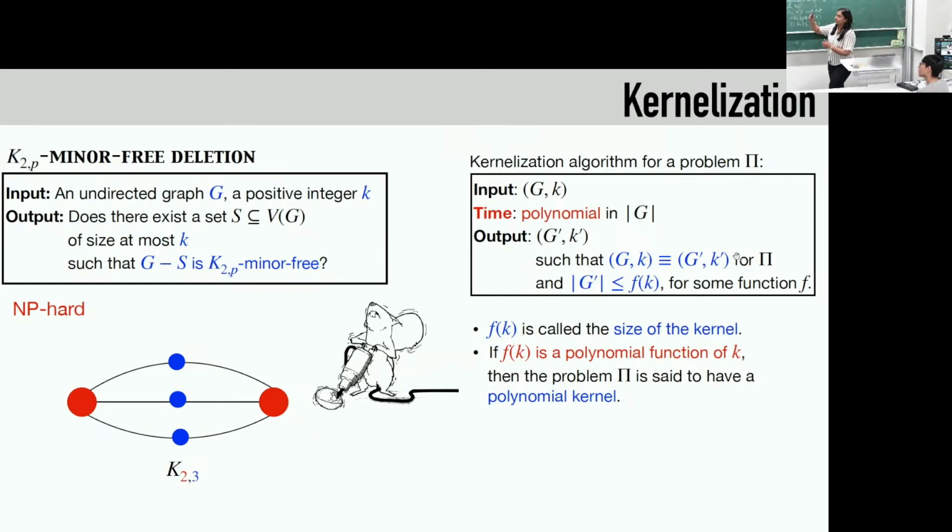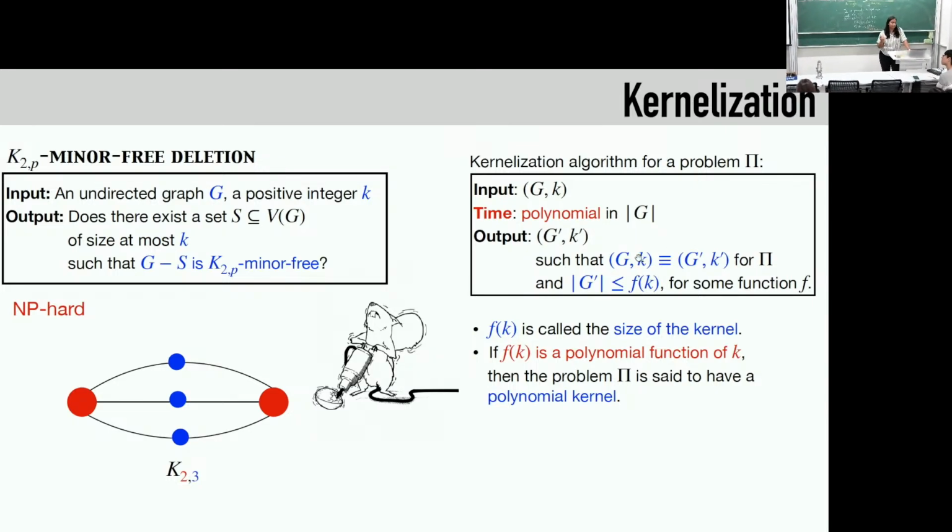Meaning, if the graph G had a solution of size at most K, then G prime has a solution of size at most K prime, and vice versa. If G prime had a solution of size at most K prime, then G has a solution of size at most K. So if you wanted to find out the answer for the K2P minor free deletion problem on the instance G, K, then it's enough to solve the problem on G prime, K prime. Whatever is the answer on G prime, K prime, that is also an answer for G, K. So that's the notion of equivalence.